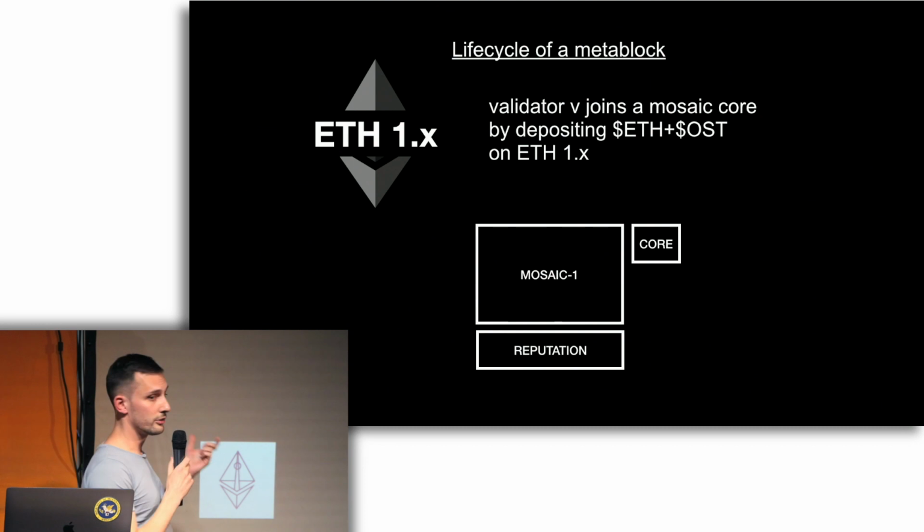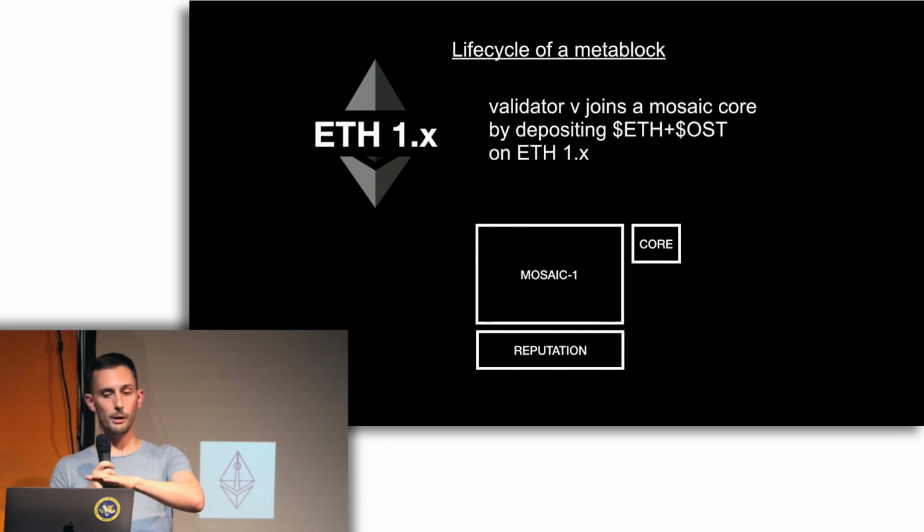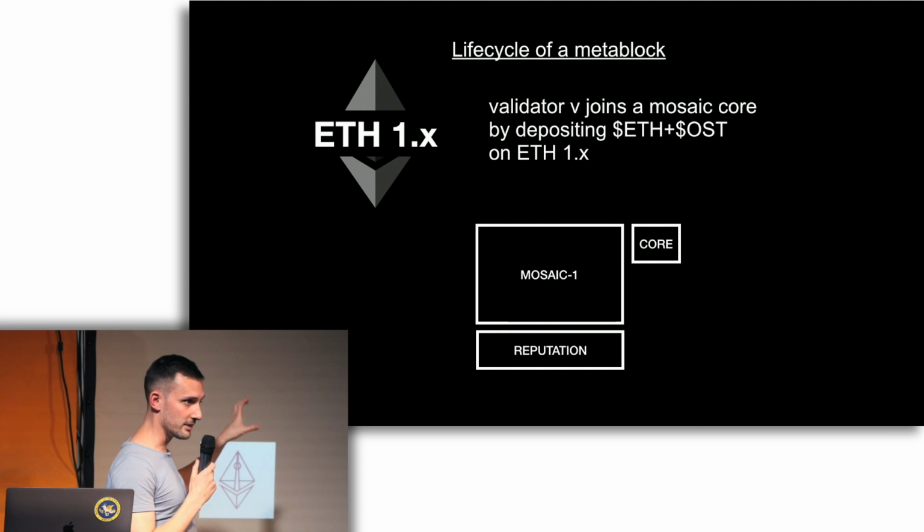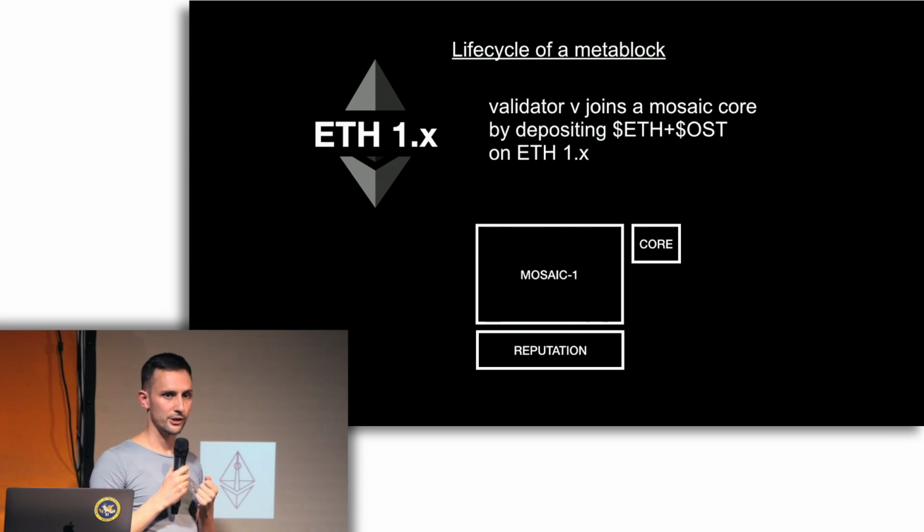Here, it's a traditional consensus engine. I call this a Metablock and a Metablock chain, because the idea is really just re-implementing a consensus engine at layer 2. And so the finalization of a block is a Byzantine vote of the validators on Ethereum.